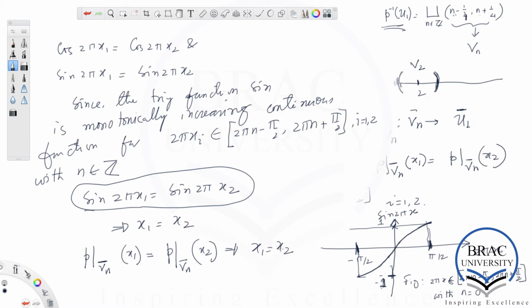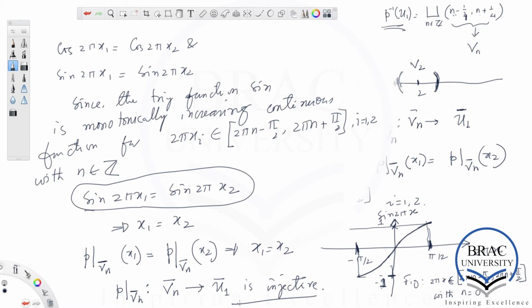Okay, and which means that this restriction function, from the closure of Vn to the closure of U1, is indeed injective. Good.